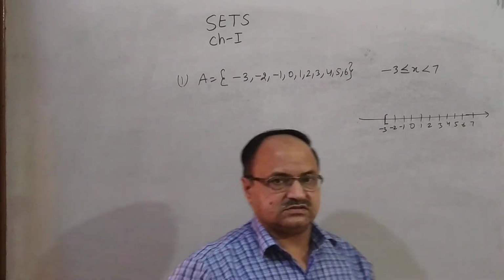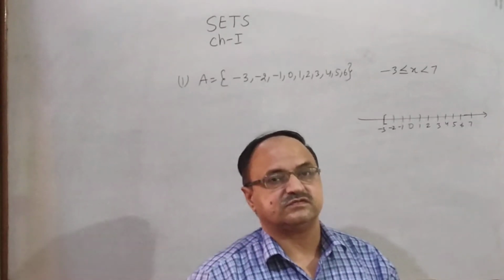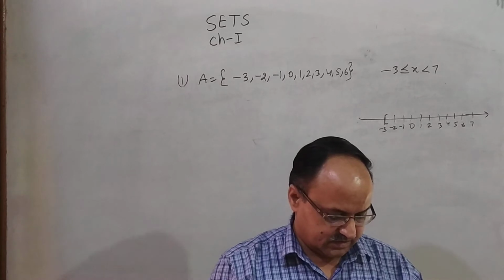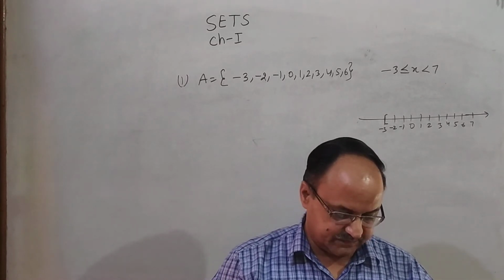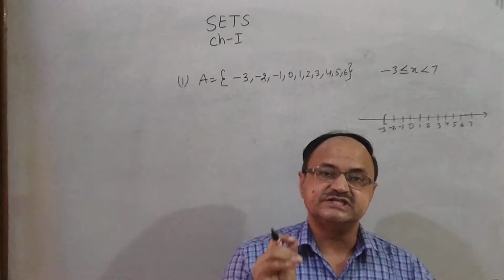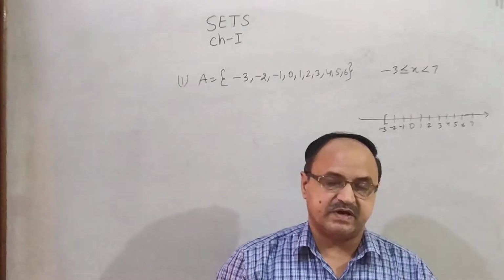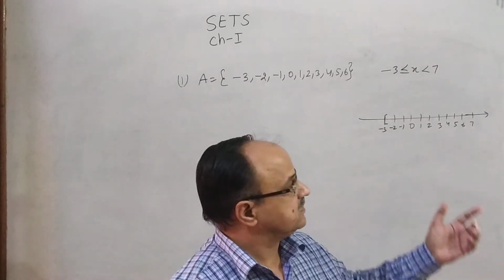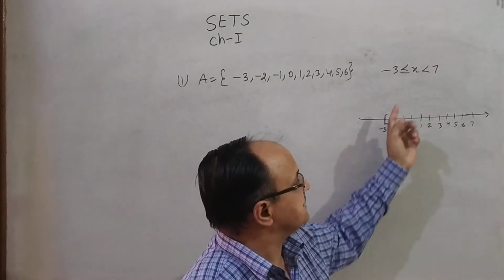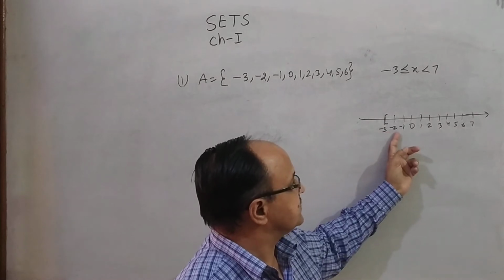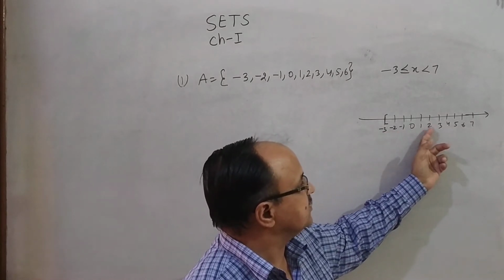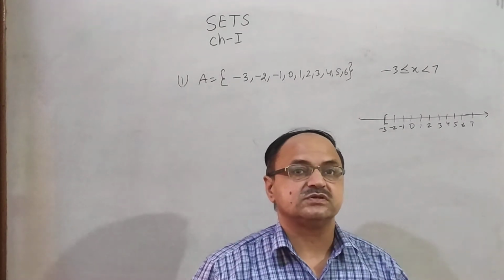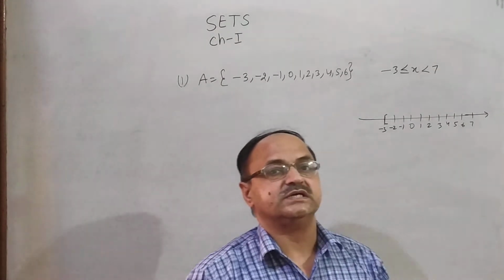So this is the answer. This is the roster form of part 1. Correct? Again I repeat, x is an integer such that minus 3 is less than or equal to x less than 7. So the values of x are minus 3, minus 2, minus 1, 0, 1, 2, 3, 4, 5, 6. 7 is not included.